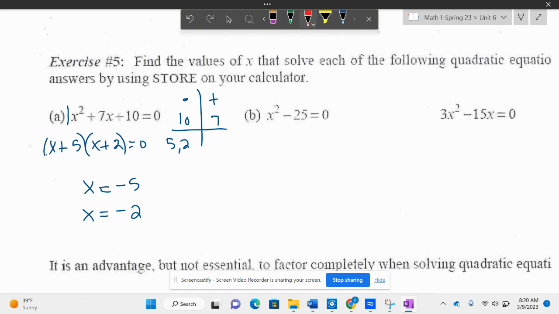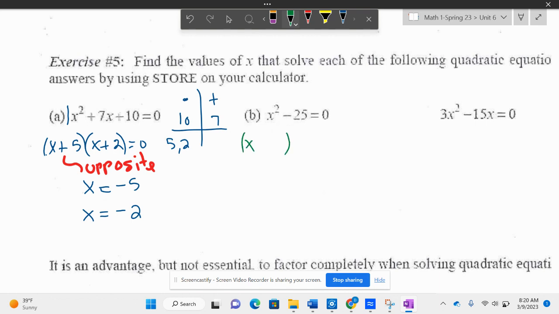Does everybody understand that we know that the solution is the opposite of the factor? Does that make sense? Okay. Let's look at B. How are we going to factor that one? It is the difference of two squares, right? So what's the square root of x squared?